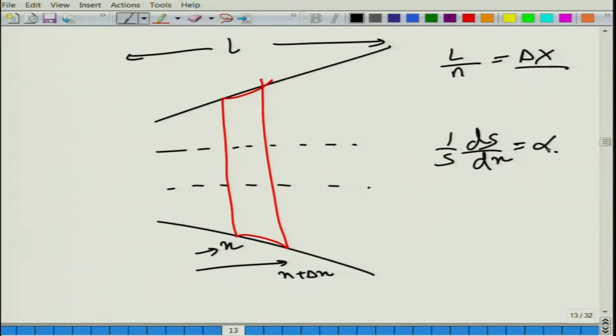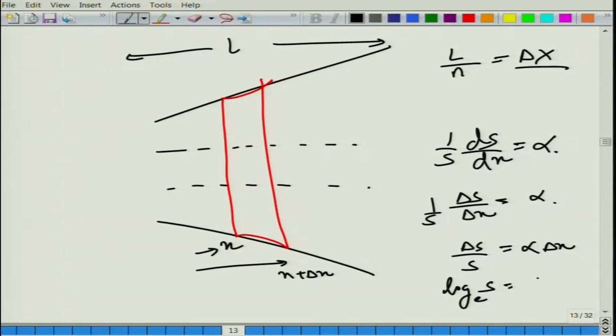It can be shown that it is actually an exponential profile, because we can just say delta s by s is equal to alpha times delta x, and in the limit of delta x tending to 0, you can integrate this and get alpha x.